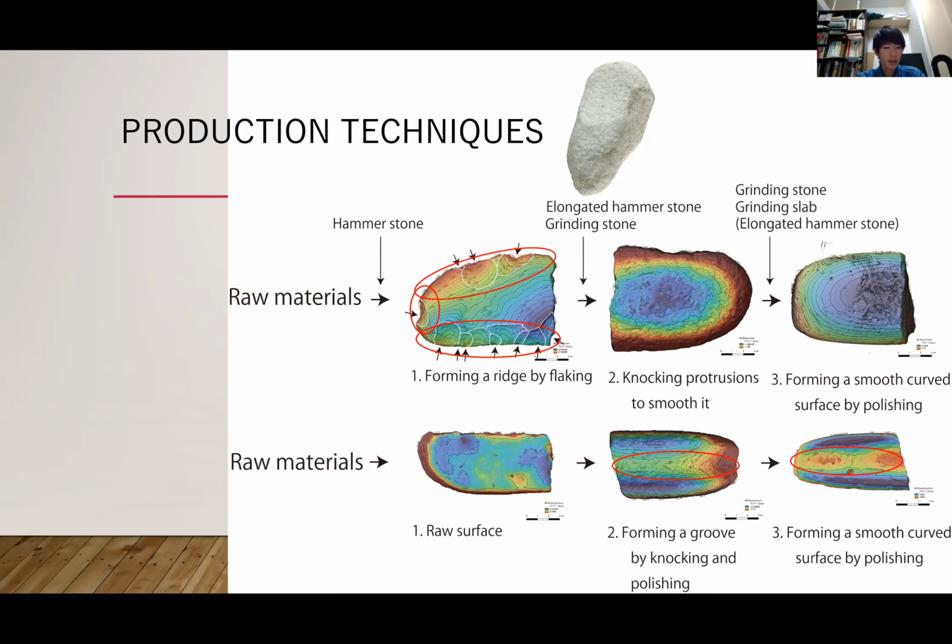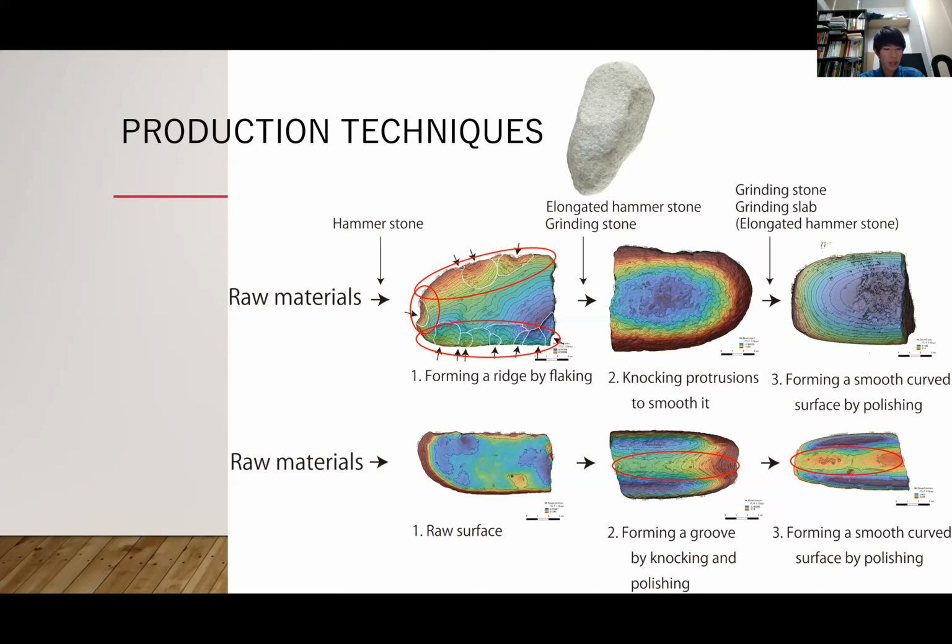First, the first stone implement is characterized by flaking in the centripetal direction. Observing the second and third stone implements, you can see that they tried to form a ridge at this stage. It can be inferred that the bottom surface is curved upward.